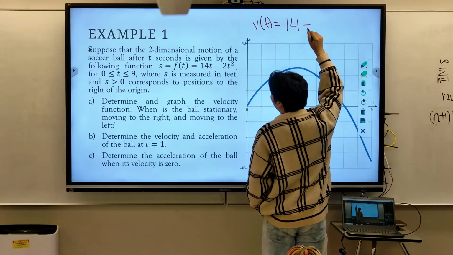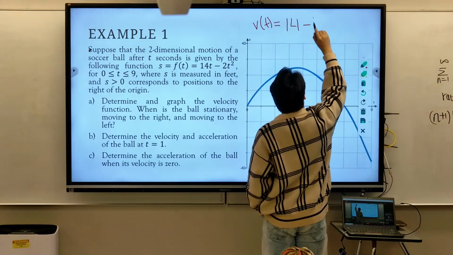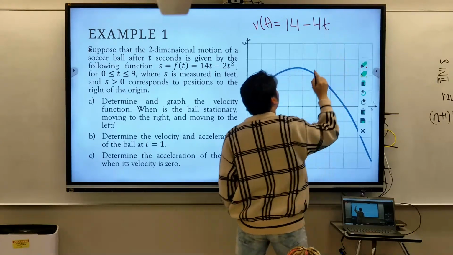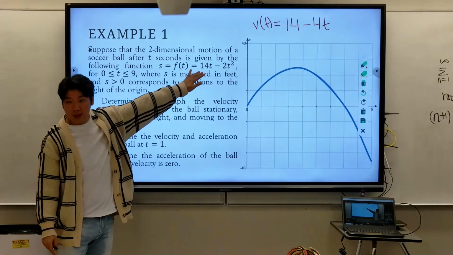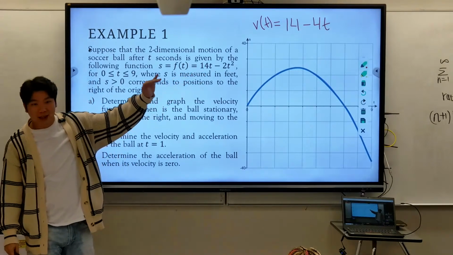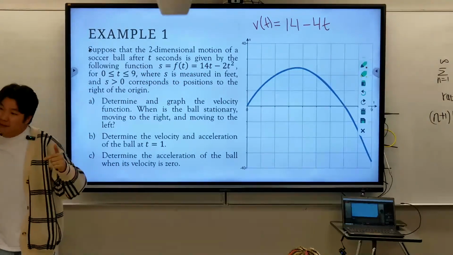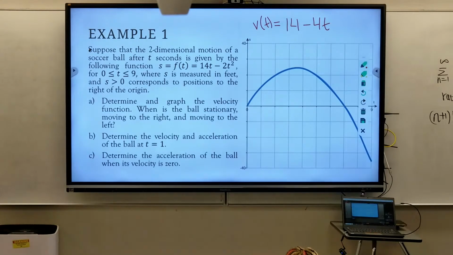We should be getting, I believe, 14 minus 4t, because I just took the derivative using the power rule here. Derivative of 14t, we get 14. Derivative of negative 2t squared, I get minus 4t. All right, so I have the velocity function. We're done with at least the first part of part A.